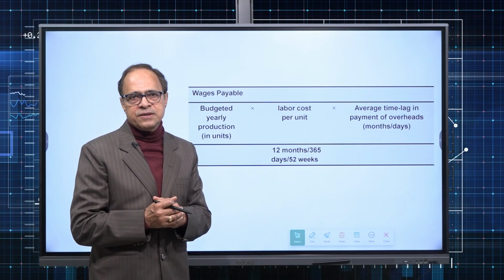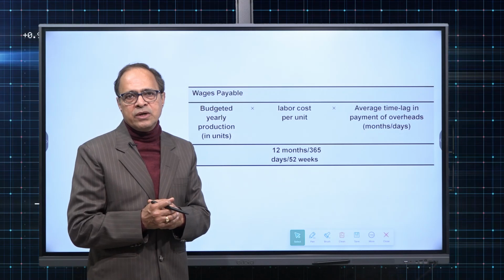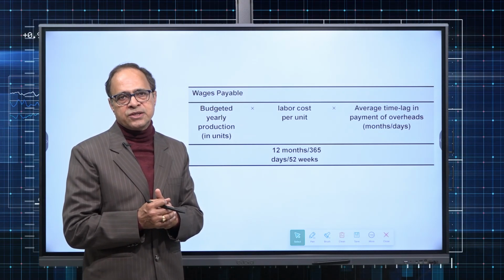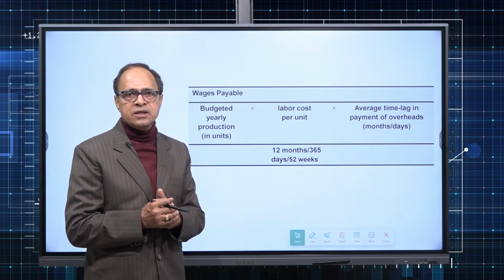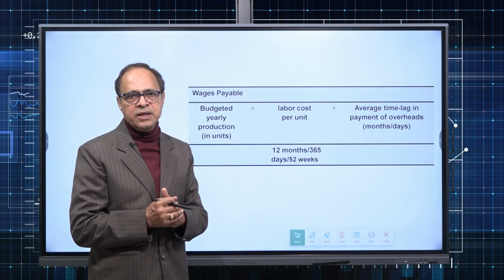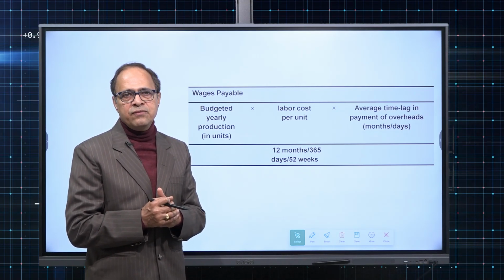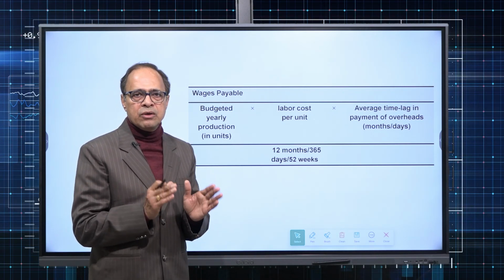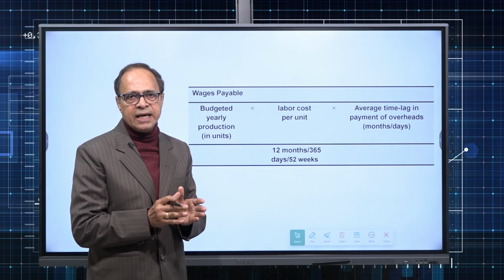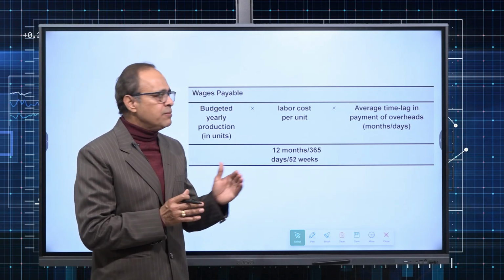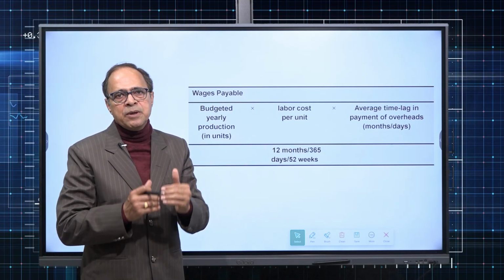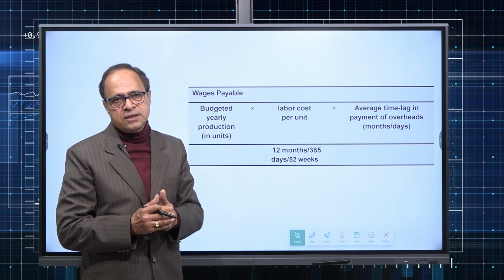By default, if you ask me what the default consideration is with reference to wages and overheads, if the examiner has not given anything in the question, then we assume there is no lag and no advance payment. However, if the question says there is a lag or delay, lag means it will create current liabilities, and if it is advance payment, it will create current assets.